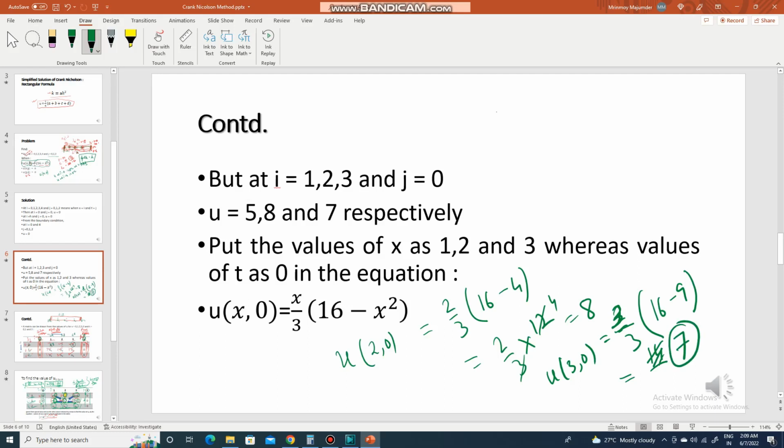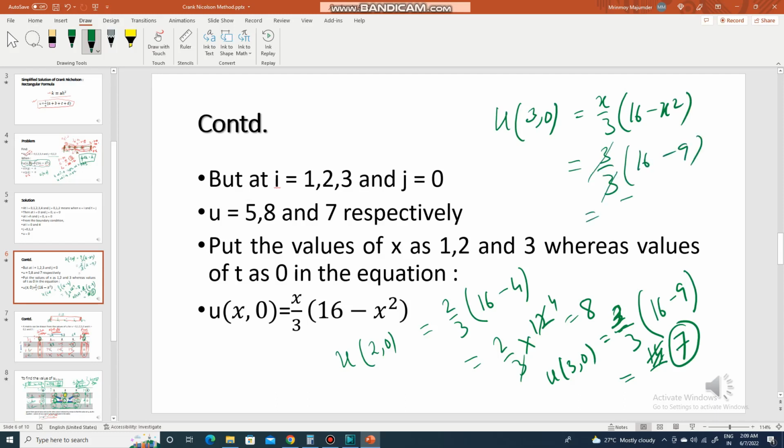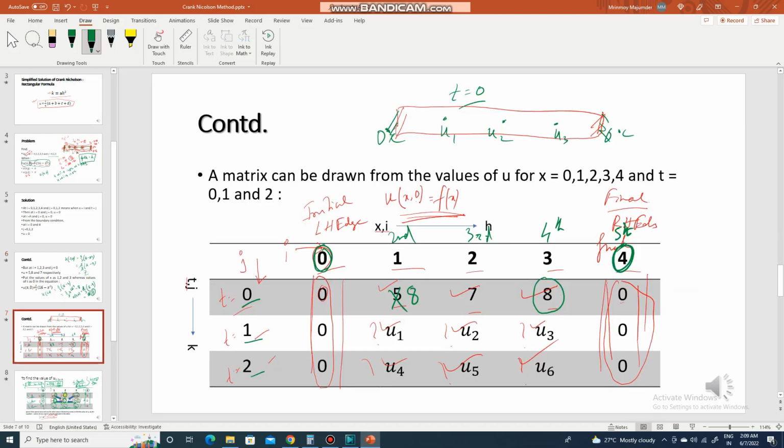Again I am repeating: at the third node, this is your U3,0. The equation is x by 3 into (16 minus x square). So 3 by 3, 16 minus 9. Correct? So this is the matrix.